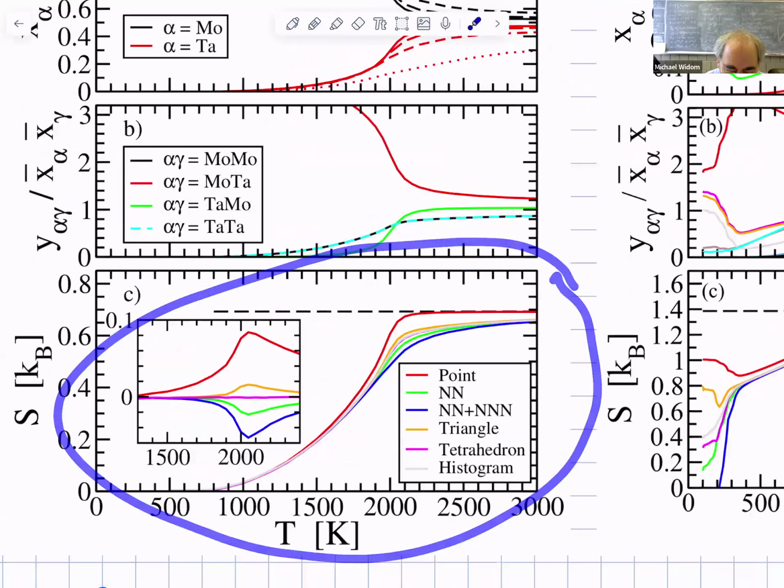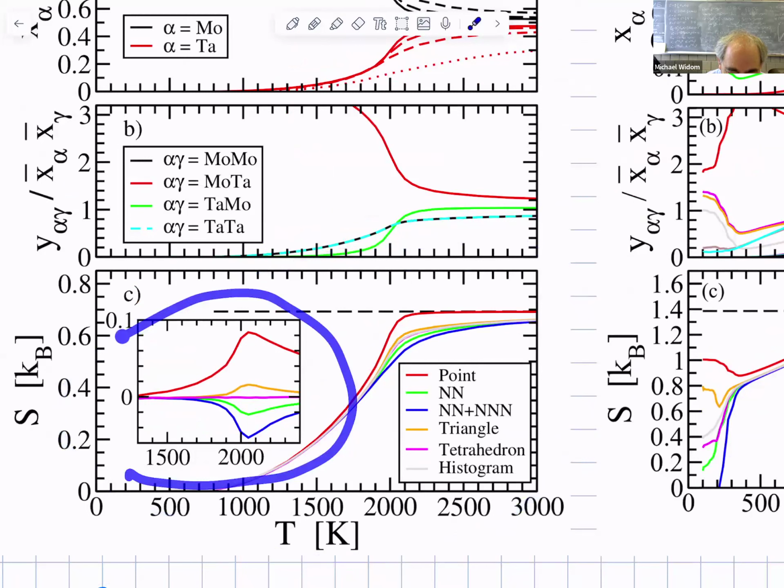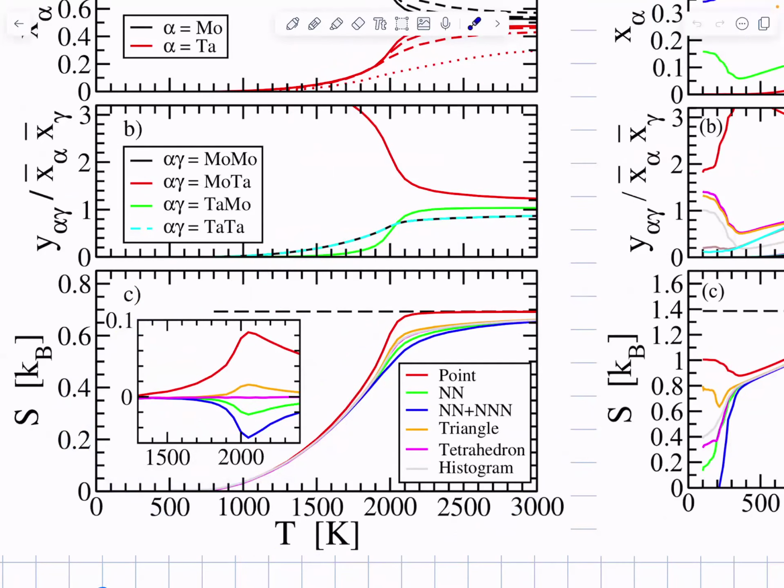this one. By the way, this inset here shows the difference between the CVM and the Monte Carlo. And so you see here the pairs are low, quite a bit low. Here the triangle is a little bit high.